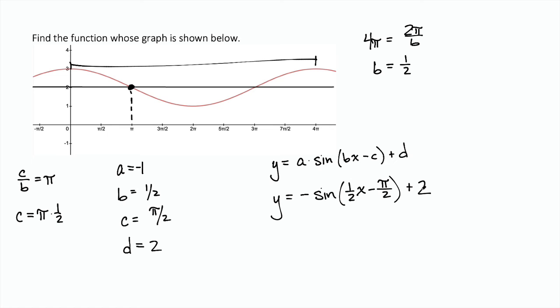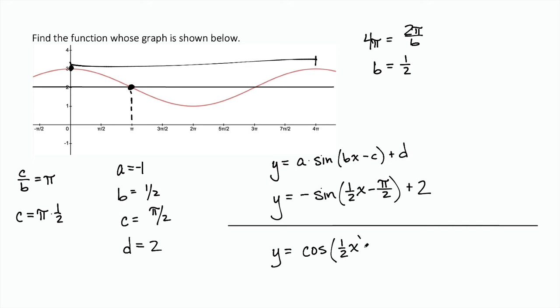Again, this was using the sine function. But you could have just as easily done a cosine. I'm going to go ahead and write out what that would have been, just so that you can see it. If you had modeled this with a cosine, using that starting point, it would have been y equals cosine of 1/2 x plus 2.